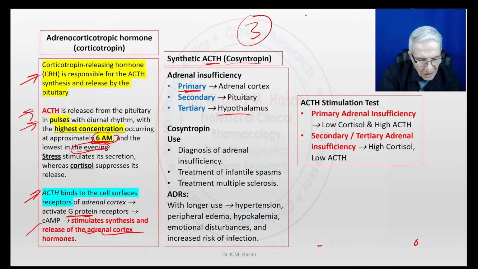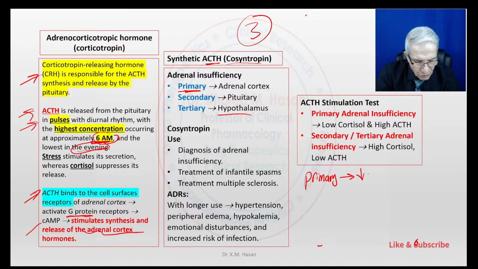Okay, when we have secondary or tertiary insufficiency, we have high cortisol, low ACTH. So maybe we can explain that here. When we have primary, what does that mean for us? In our body we have low cortisol. What does that mean? When you have primary, the disease will be in the adrenal cortex, unable to produce cortisol.